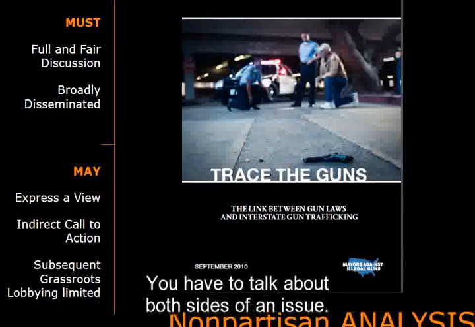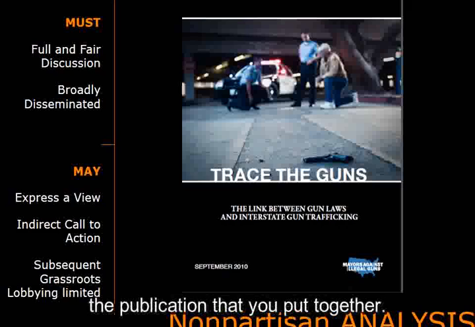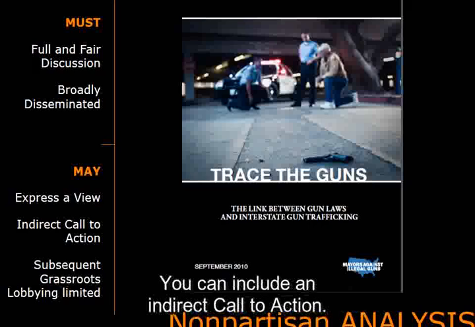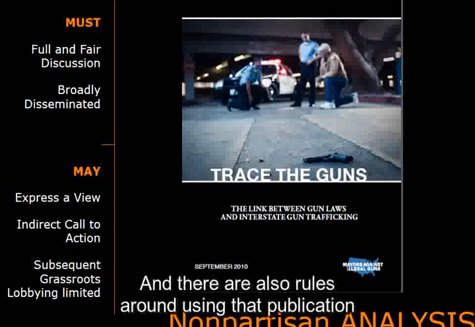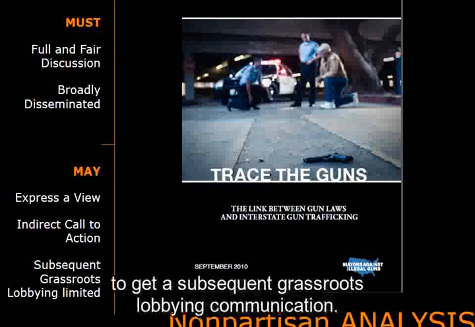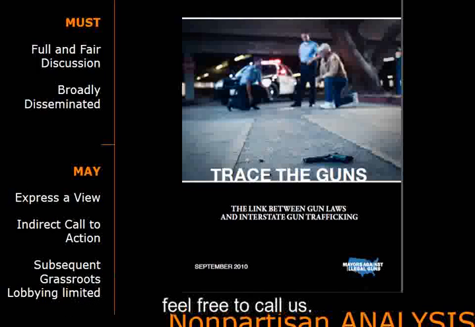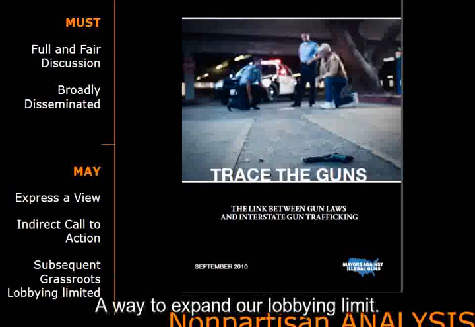You have to talk about both sides of an issue, pros, cons, and then you want to make sure to broadly disseminate the publication that you put together. If we do that, then you can express views about specific legislation. You can include an indirect call to action. And there are also rules around using that publication in a subsequent grassroots lobbying communication. If you want to know more about those rules, feel free to call us. But this is a way around the lobbying definition, a way to expand our lobbying limit.